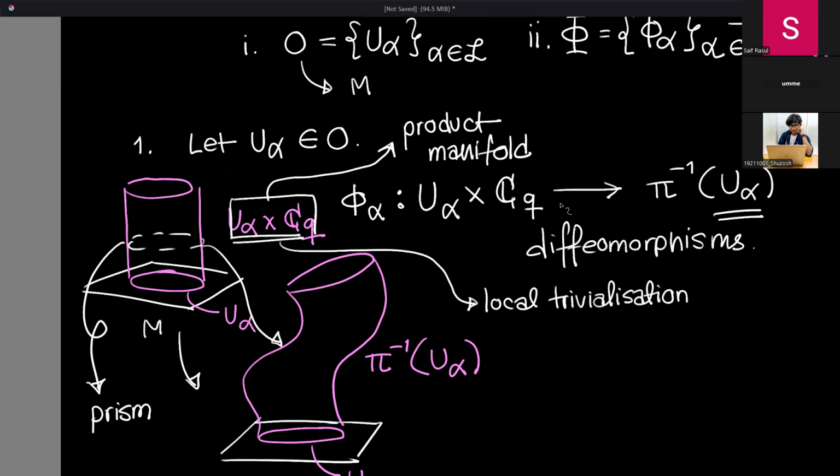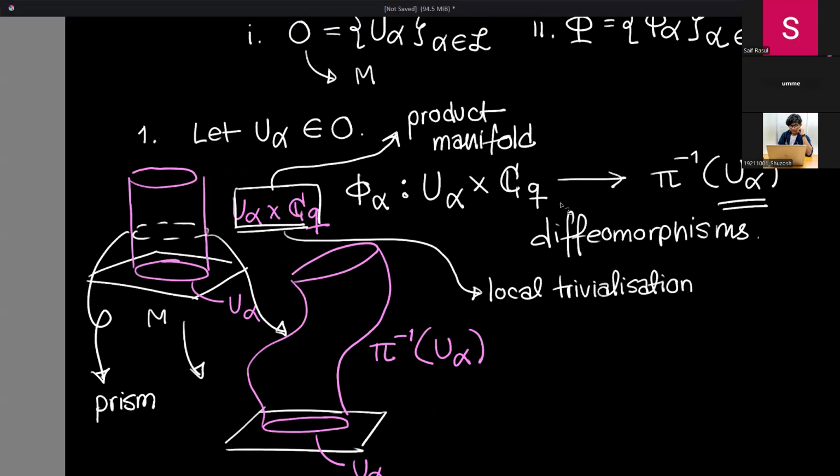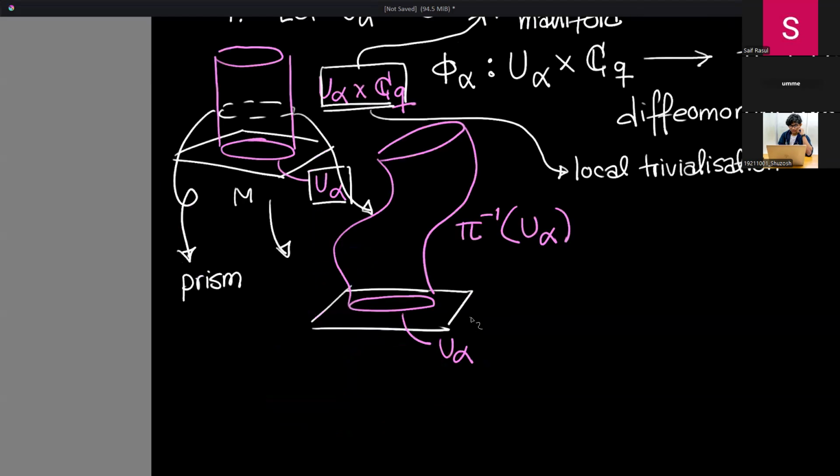Vector bundles overall are not product manifolds, but locally, for every open set U alpha in our topology, we'll be able to decompose that local section of the vector bundle as a product manifold. Then we can stitch them together the way we stitch together manifold coordinate charts, and produce the global structure of the vector bundle.